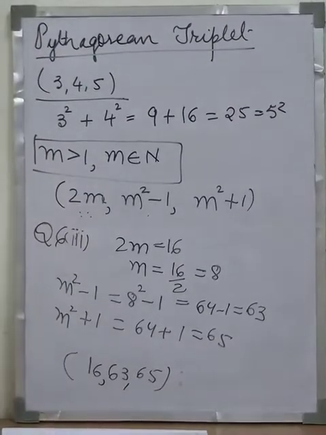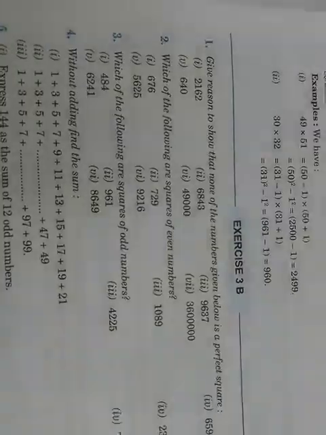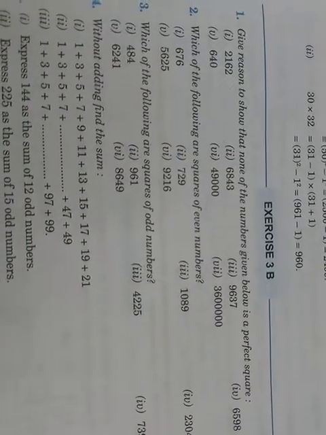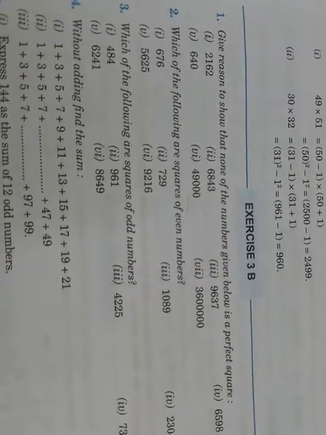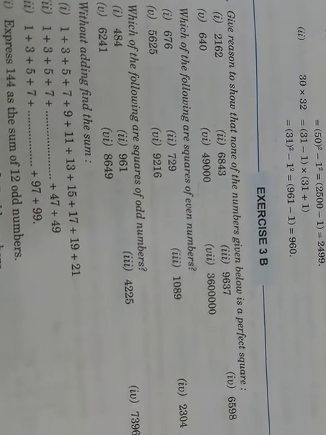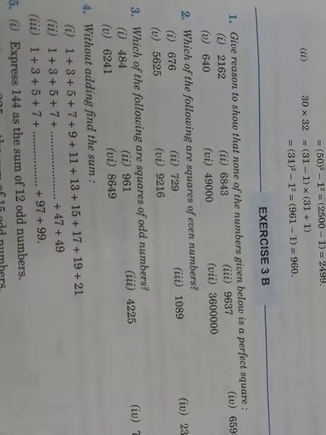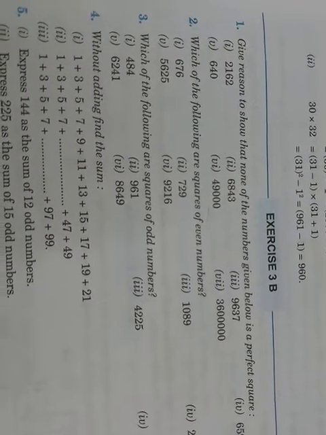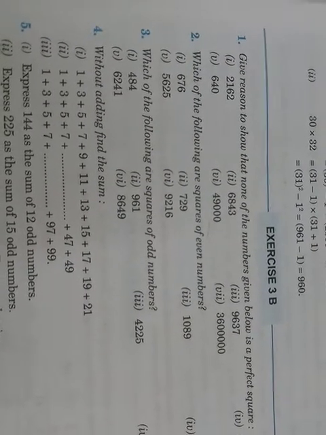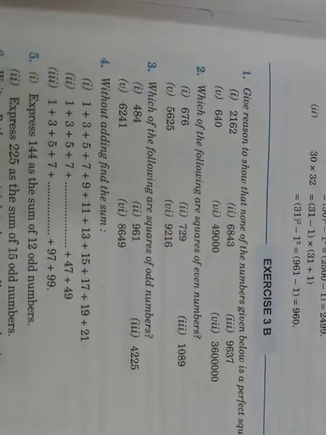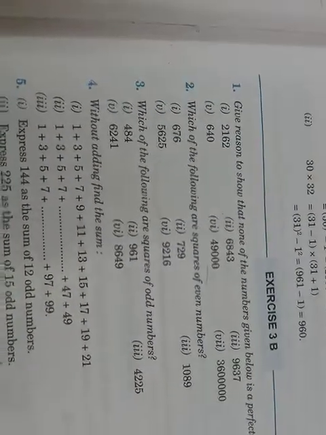Then I discuss question number 1 of exercise 3b with you. Give reasons to show that none of the numbers given below is a perfect square. We learned that numbers which end with 2, 3, 7 and 8 are not a perfect square. Even numbers which have an odd number of zeros at the end will not be a perfect square.